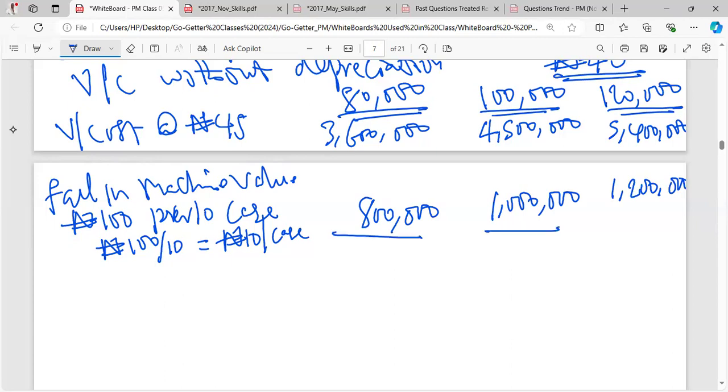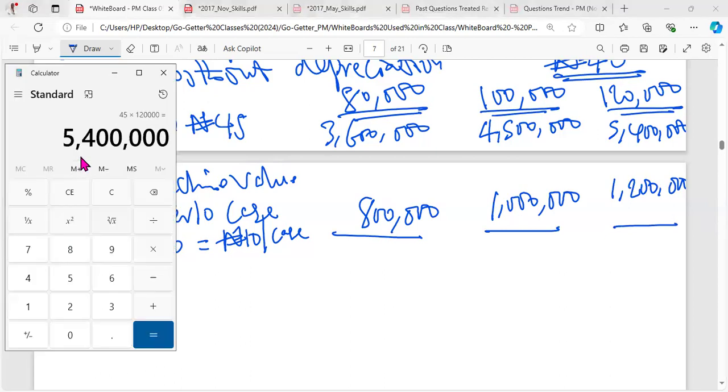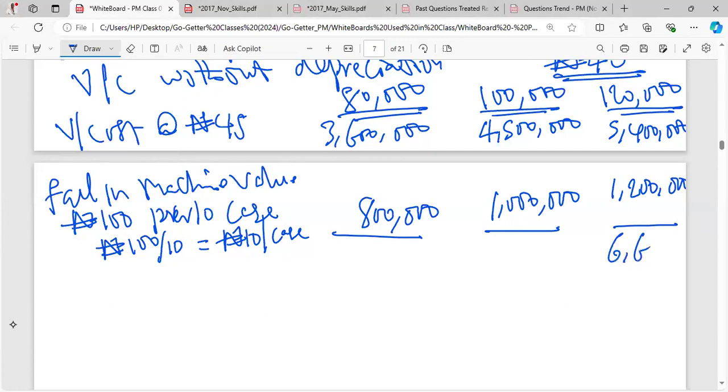Now, I'm going to add them together. So let's start. I have 5,400,000 in my calculator. So let me treat the last one, plus 1,200,000. That gives me 6,600,000. Then the next one here, this should be 5,500,000.